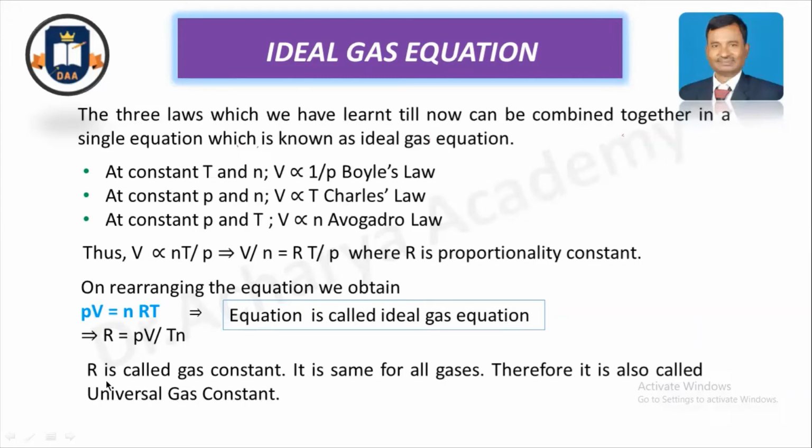R is called the gas constant, and this value of R is the same for all gases. That's why it is called the universal gas constant.